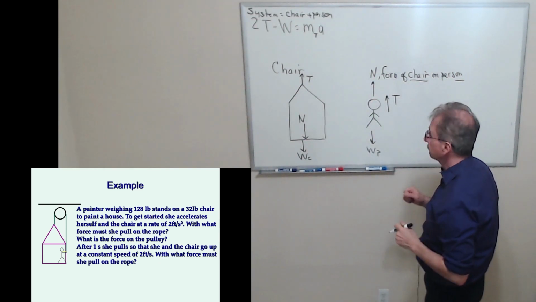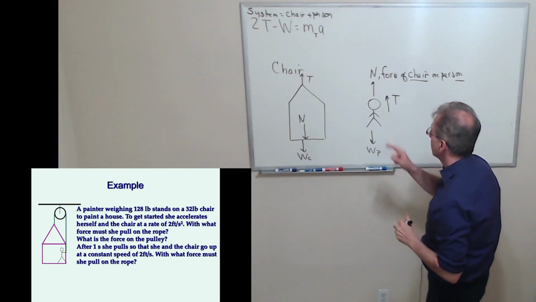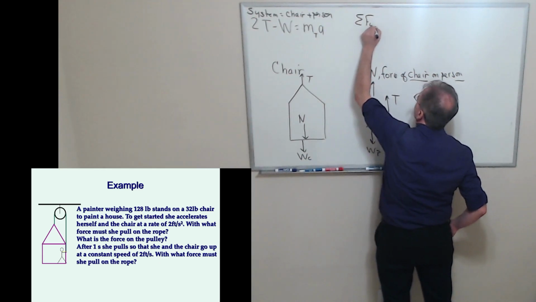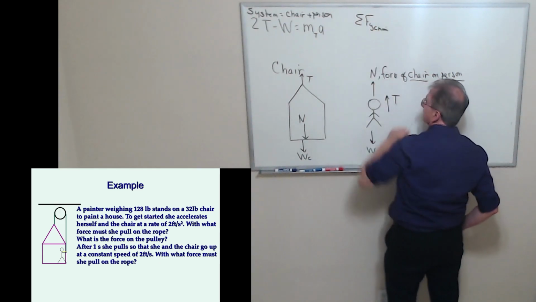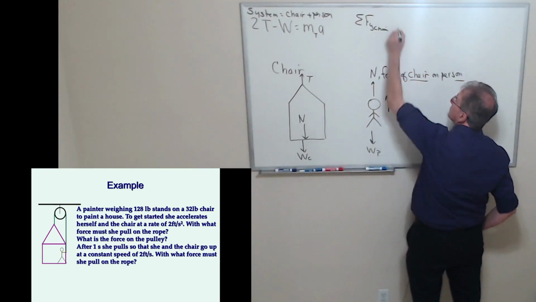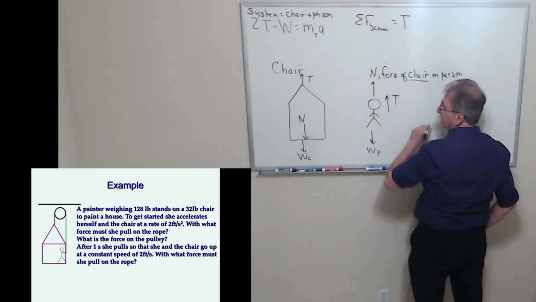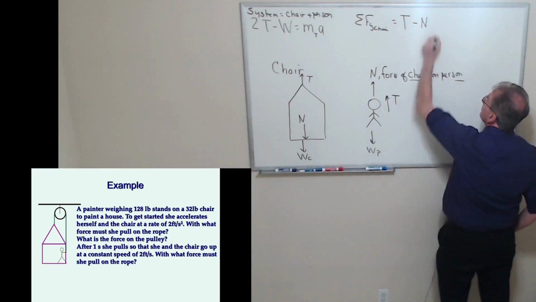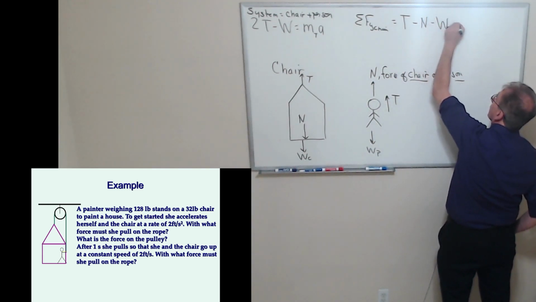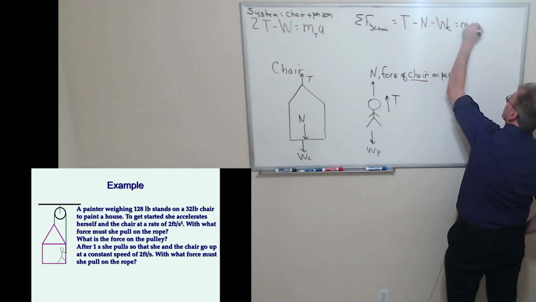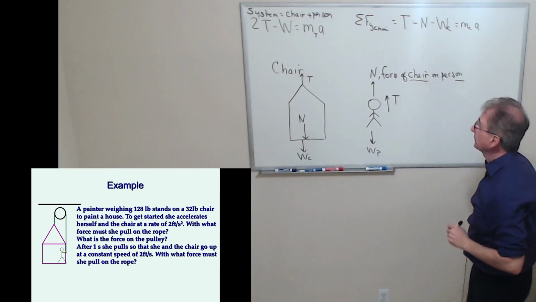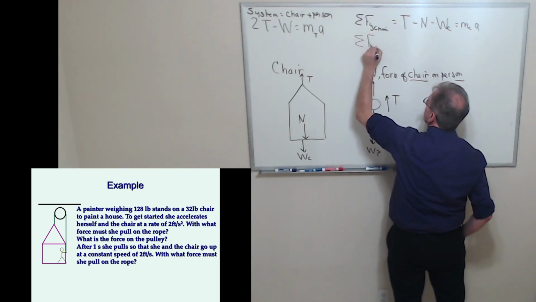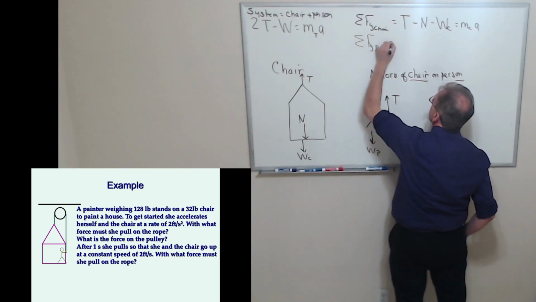So let me sum the forces in the y direction on the chair. Up is positive, down is negative. So T minus N minus the weight of the chair equals the mass of the chair times A. Let's sum the forces in the y direction on the person, on the painter.